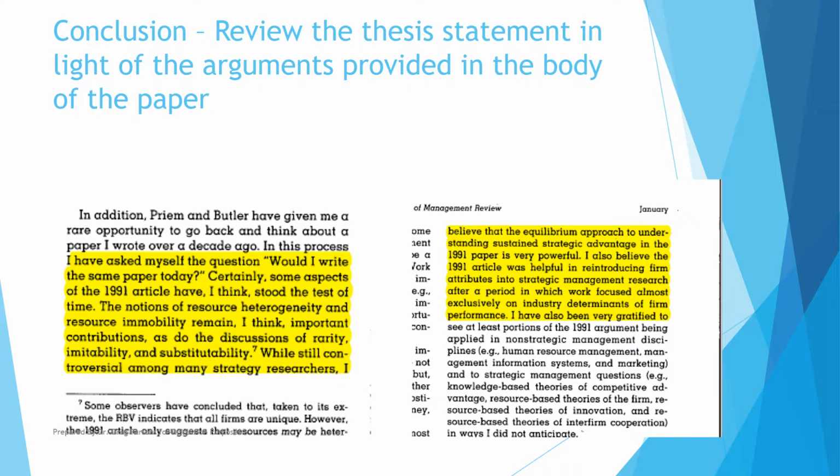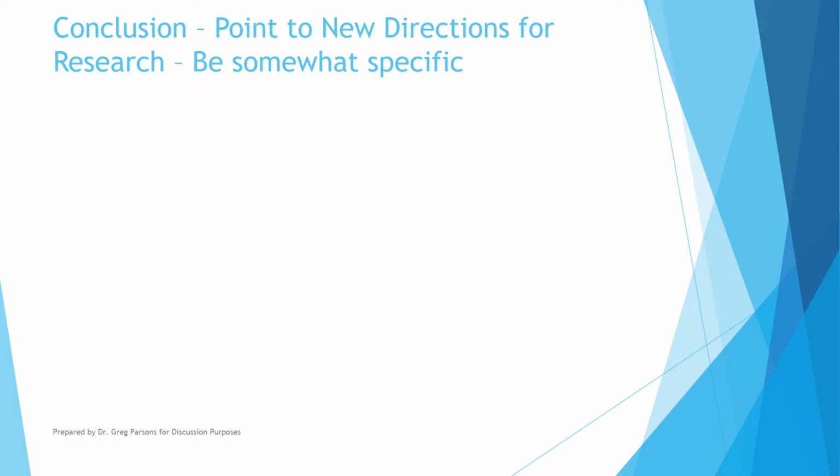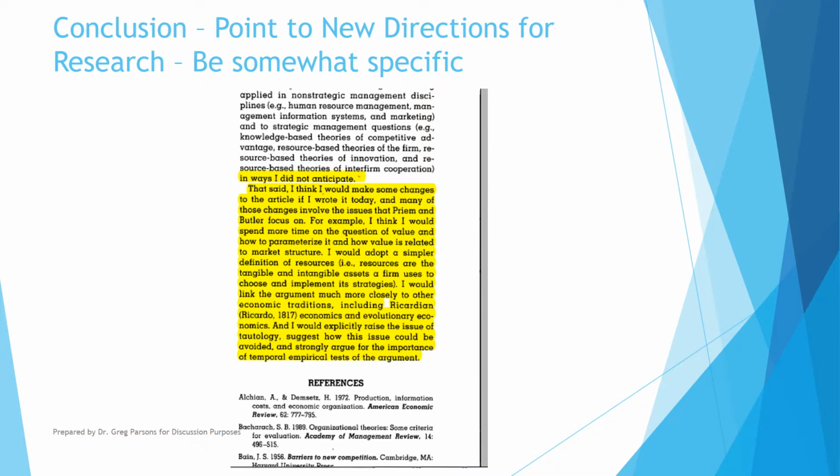And so he's built his argument, and in the conclusion summarizes what the purpose of the paper was, and then comes back to tell us, this is what I showed you throughout the paper. And now he can point to some new things that could be done. And you see also he has a reference list of all the support that he used, all the evidence he used in his argument.